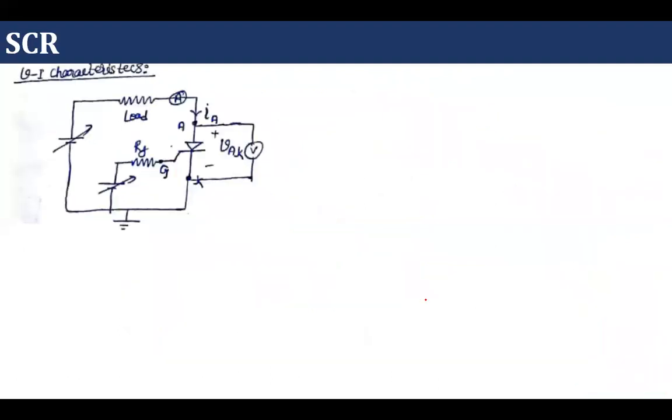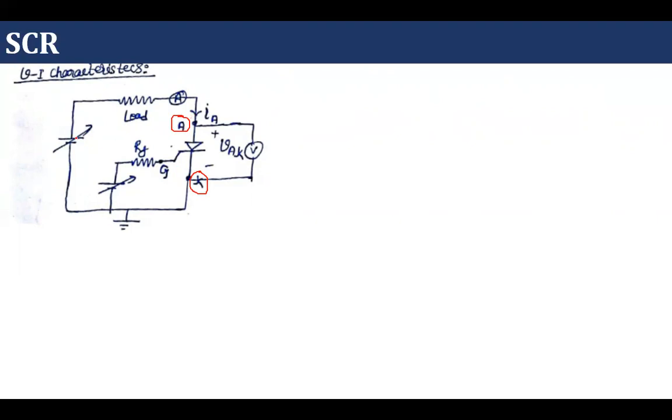Now we'll go through the VI characteristic of this device. Again, we can have forward bias and reverse bias characteristics. This is the circuit diagram of the forward bias characteristic. We talk about forward and reverse bias because the device has the terminals anode and cathode.